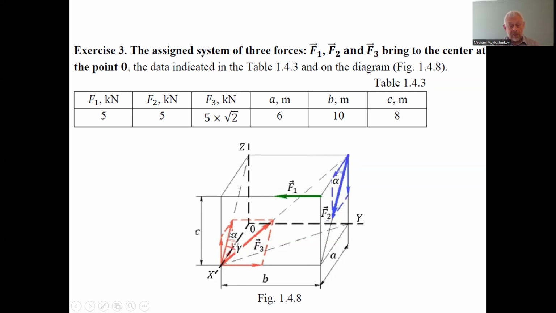After the second decomposition of force F3, this one component we decompose in its turn into one horizontal and one vertical. The horizontal does not cause a moment because it crosses the axis y.